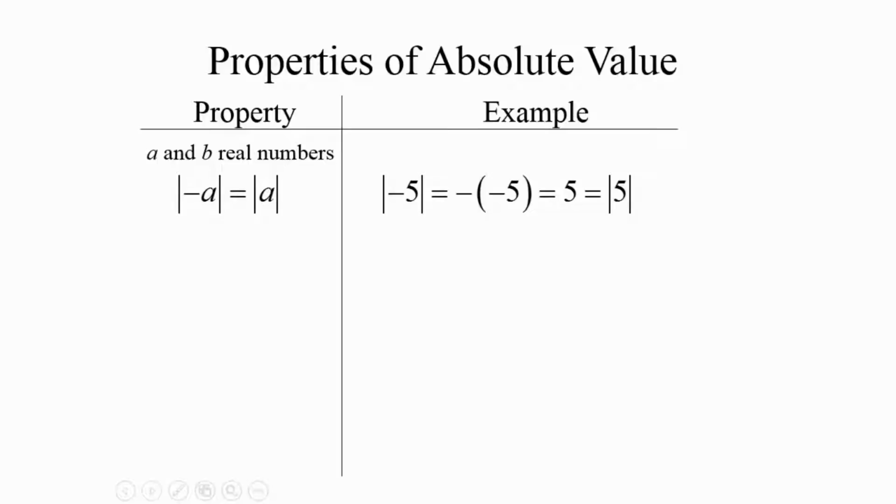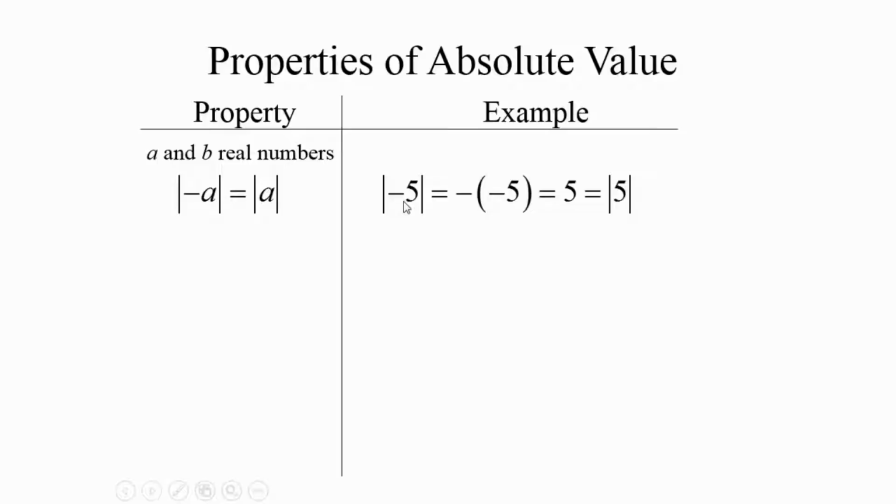Now here are some properties of absolute value. Property number one, absolute value of minus a is the same as the absolute value of a. In both cases is equal to a. We just saw that.